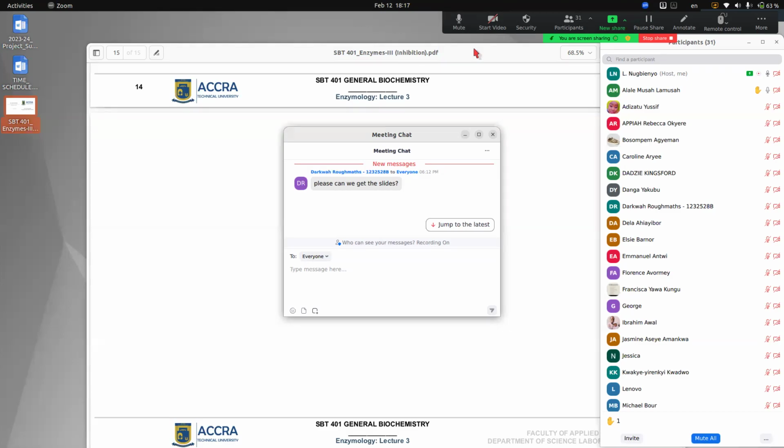So what happens is a lot of biochemical reactions in the body have these different mechanisms of regulation, and many of them are by what we refer to as feedback inhibition.